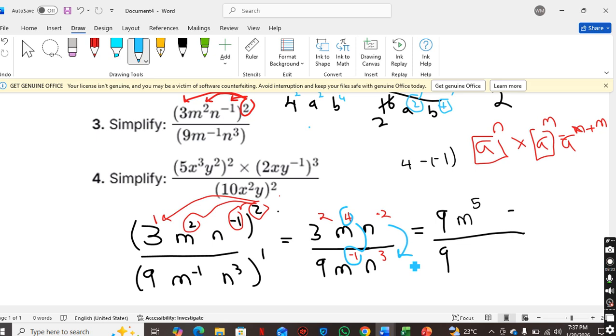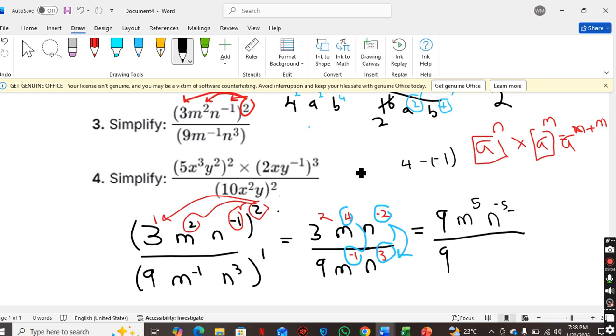Remember, if you take it from the bottom to the top, or from the top to the bottom, the negative sign goes away. Now if we use our traditional rule, we just say negative 2 minus 3, that gives us negative 5. So we have n to the power negative 5.